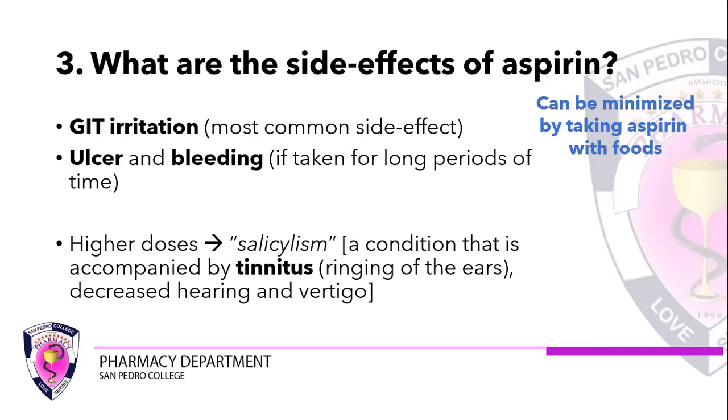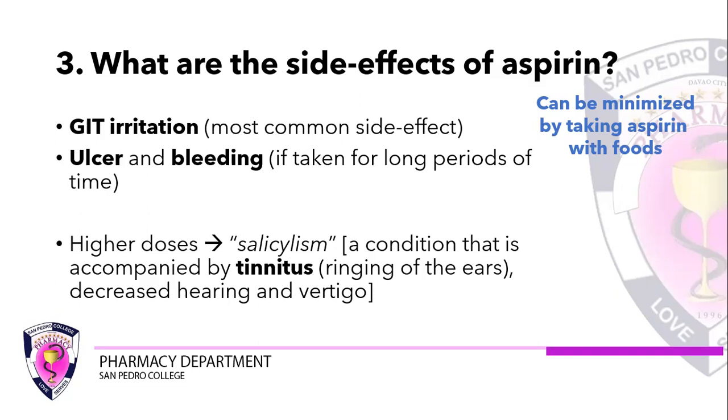Because of its non-selectivity to COX receptors, it can cause GI side effects like GIT irritation, which is the most common side effect, and ulcer and bleeding if taken for long periods of time, considering that it is also an antiplatelet. This can be minimized by taking aspirin with food.